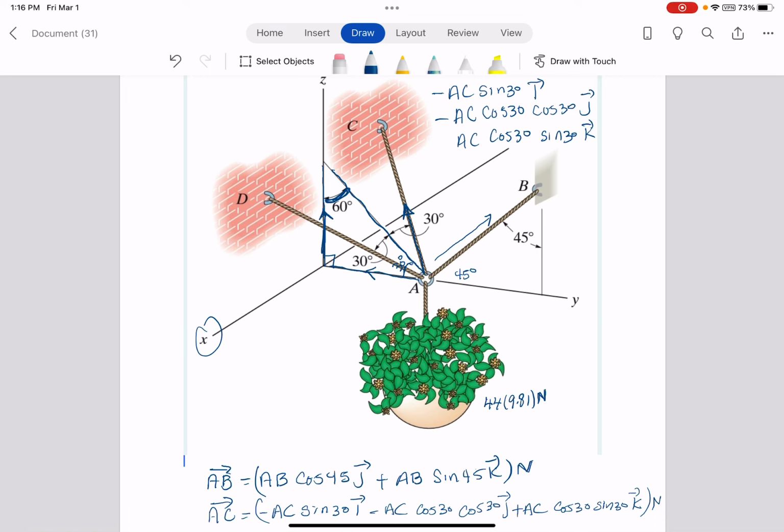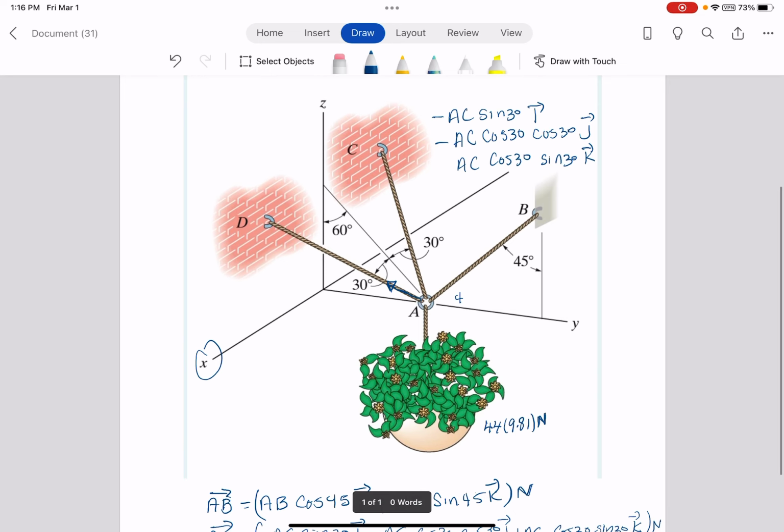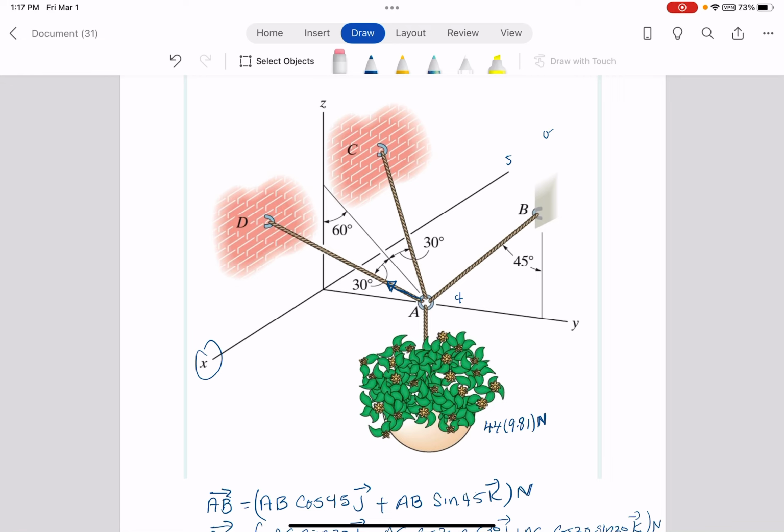So now we'll do the last one, AD. AD is a tension like this. So let's just erase this and do it here. If you want to do it, AD cosine 30 is going to make it in this line, the diagonal line, and this is also 30.